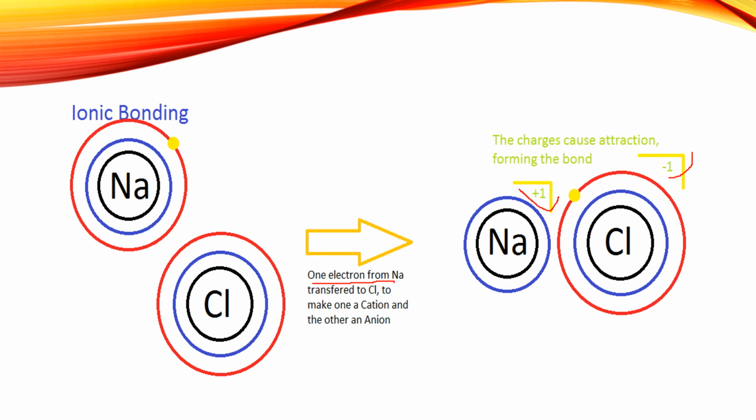The charge causes attraction and forms the bond. The two atoms each become ions, reacting with each other, transferring the electrons from one to another, right? So this is called ionic bond.